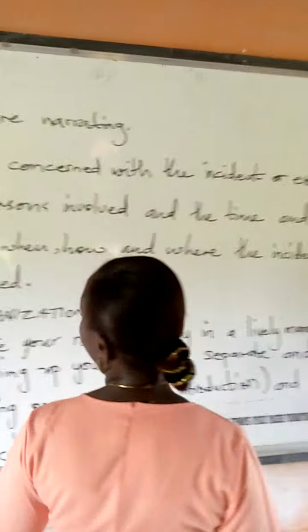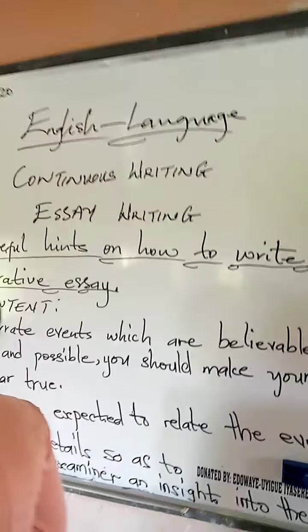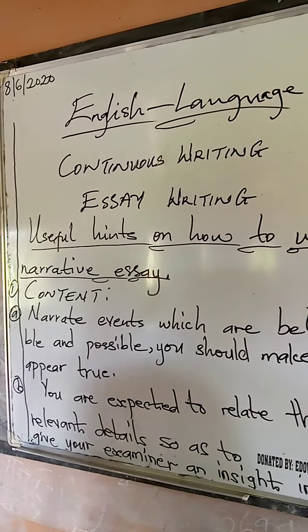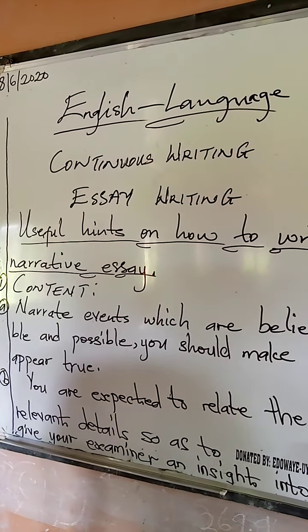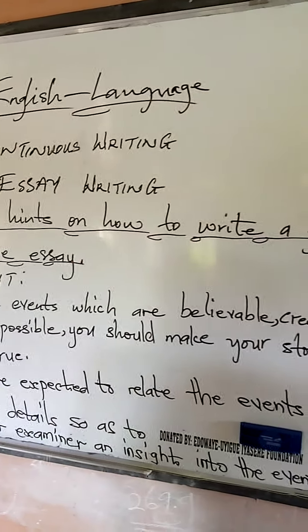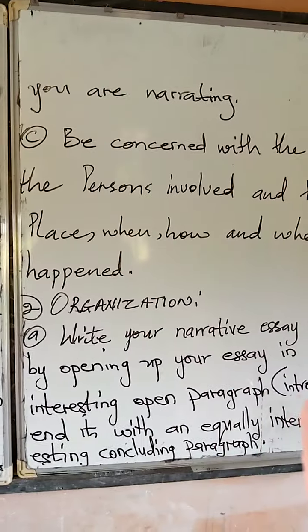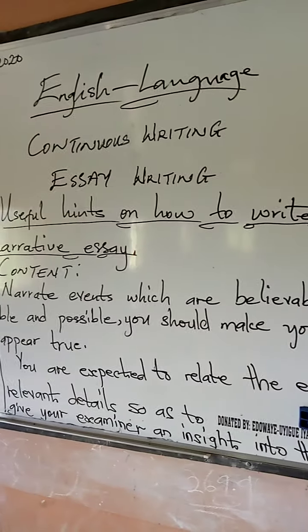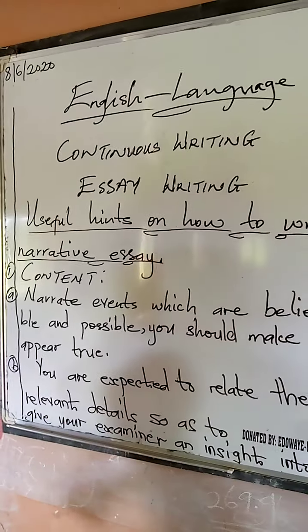So when you are writing narrative essay, you must make sure that the essay is what? Believable, credible, and possible. Try to make your reader believe what you've written. Try to capture the heart of your reader from the beginning to the end of the story.